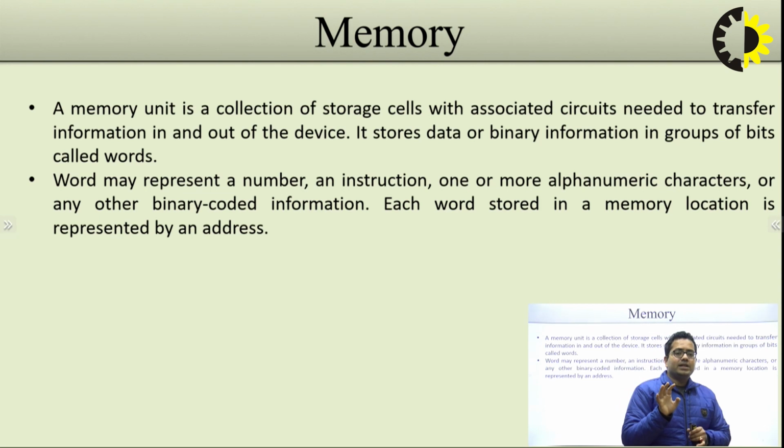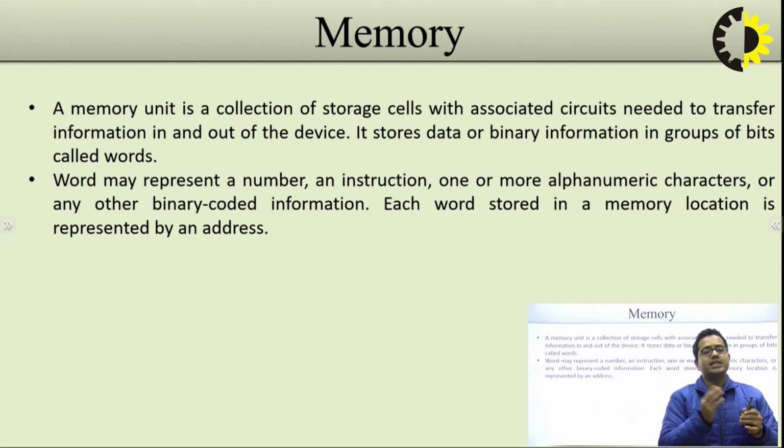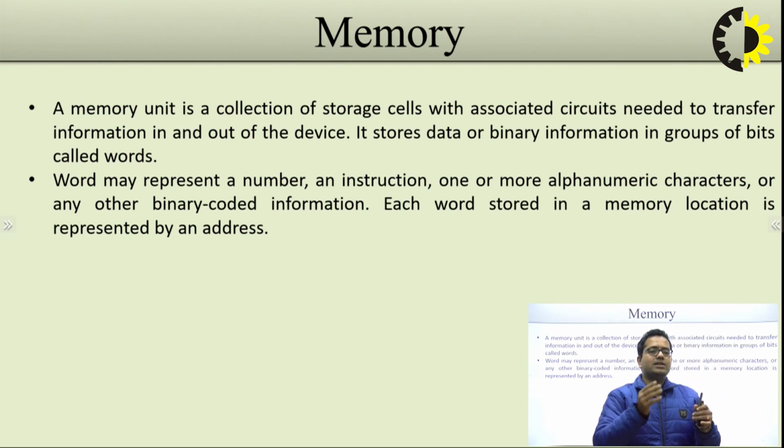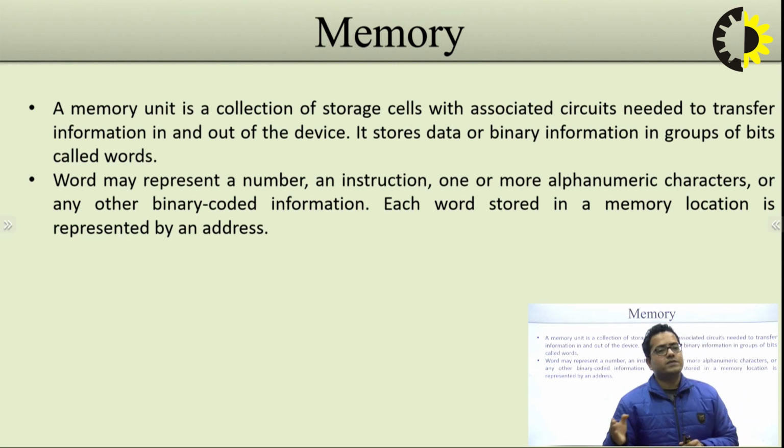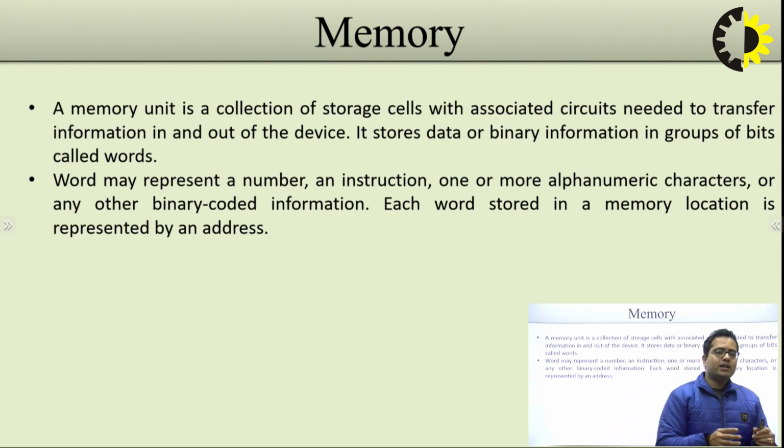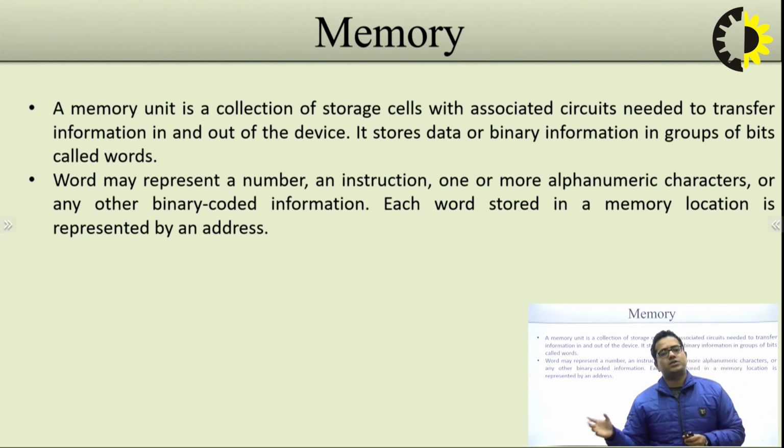That memory consists of a set of flip-flops, and these flip-flops are used for storing a bit. So this memory consists of various cells, and those cells store a series of zeros and ones. We require a memory for storing a program as well as for storing data.